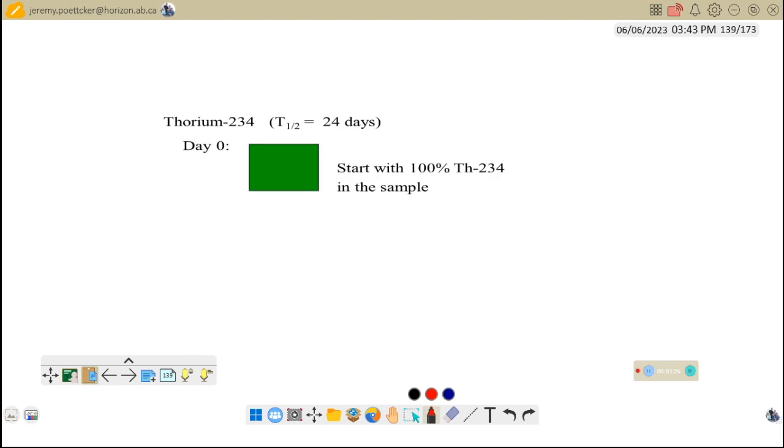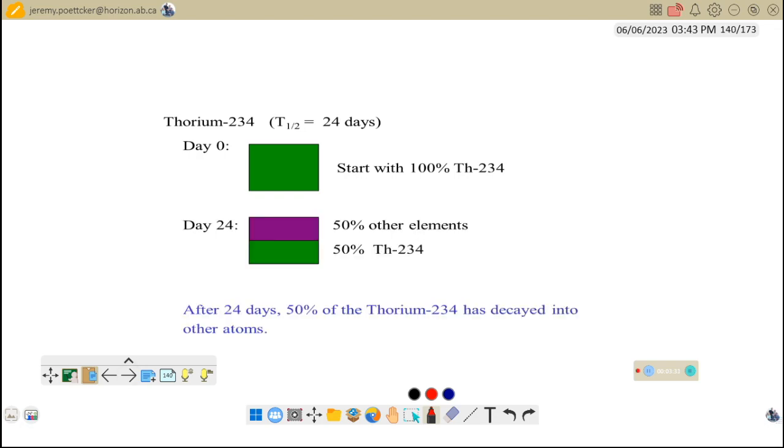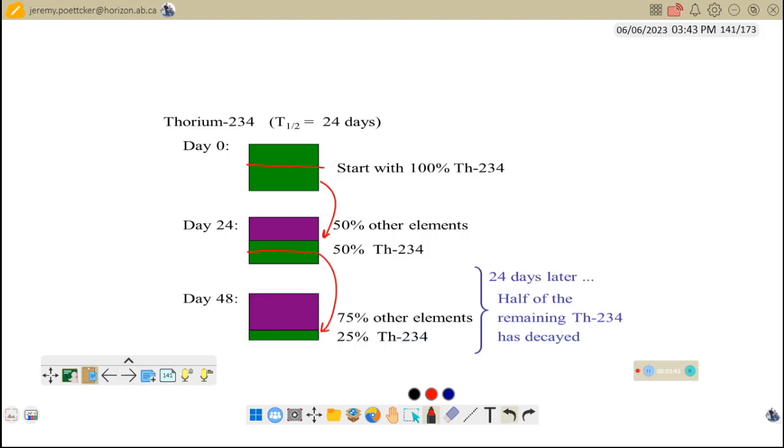Those pictures are nice. So day 0, 100% thorium-234. One half-life later, 24 days later, 50% thorium-234, 50% other elements. Another half-life, so 48 days after we started, we now have 50% of the 50% turned into other elements, and then we're left with 50% of the 50%, or 25%.